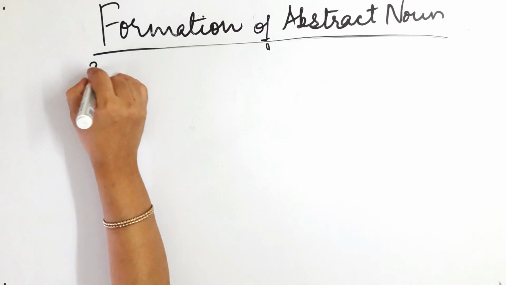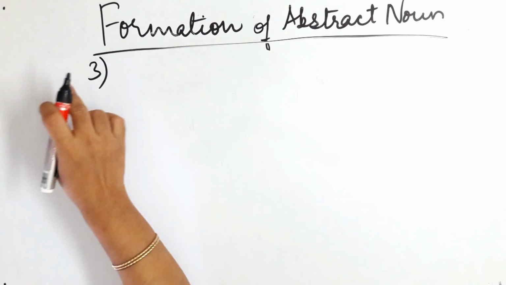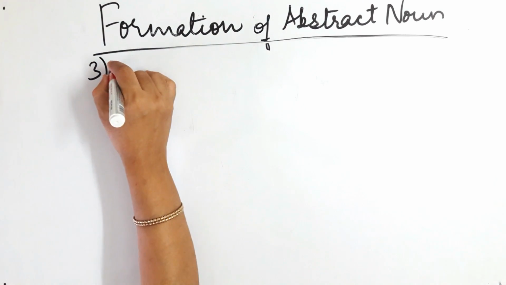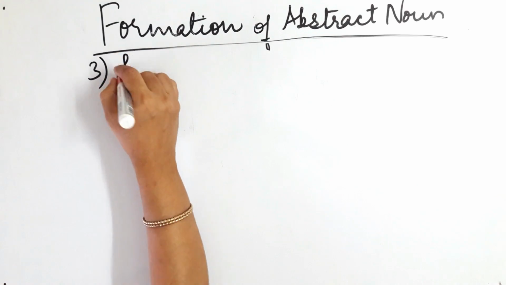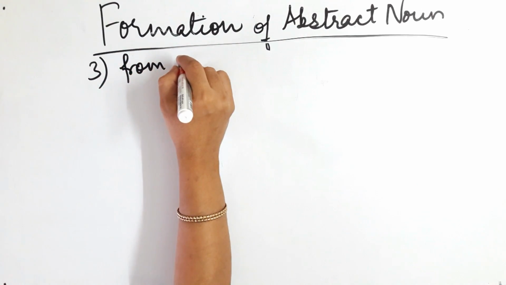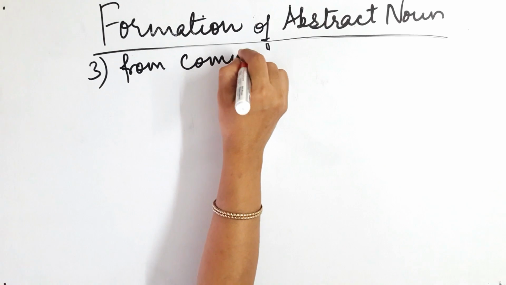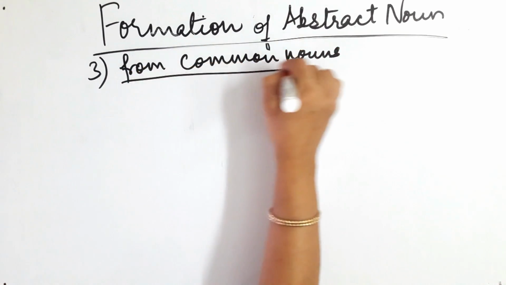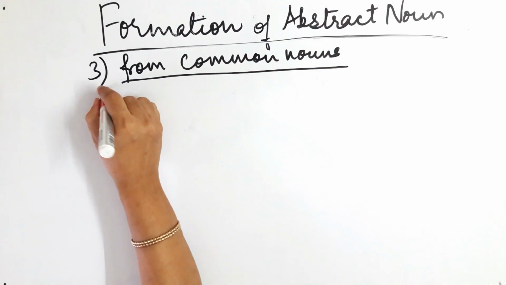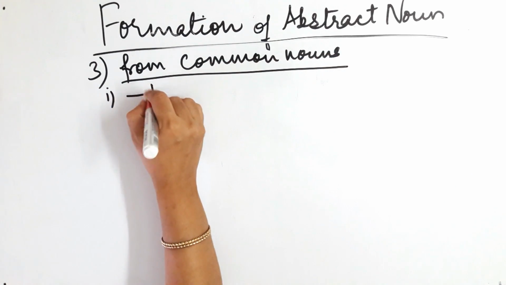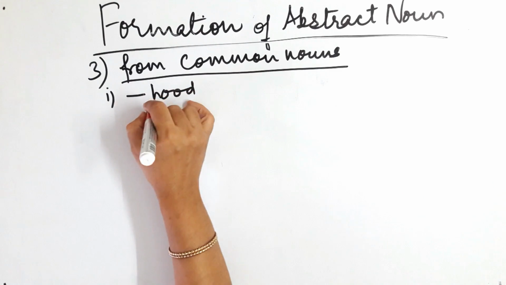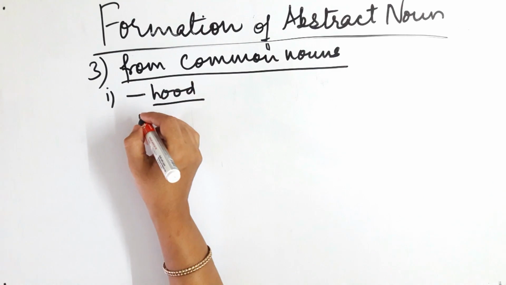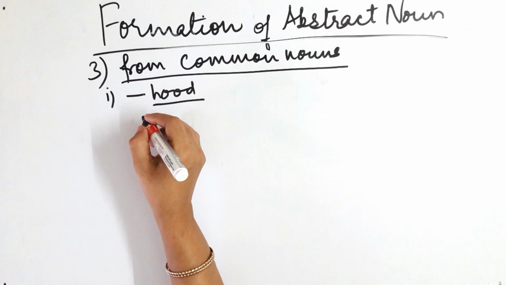Now the third type is how to change common nouns to abstract nouns. So the third category in this is from common nouns. Here we will see how common nouns can be changed into abstract nouns. So the first way is by adding HOOD to the nouns.